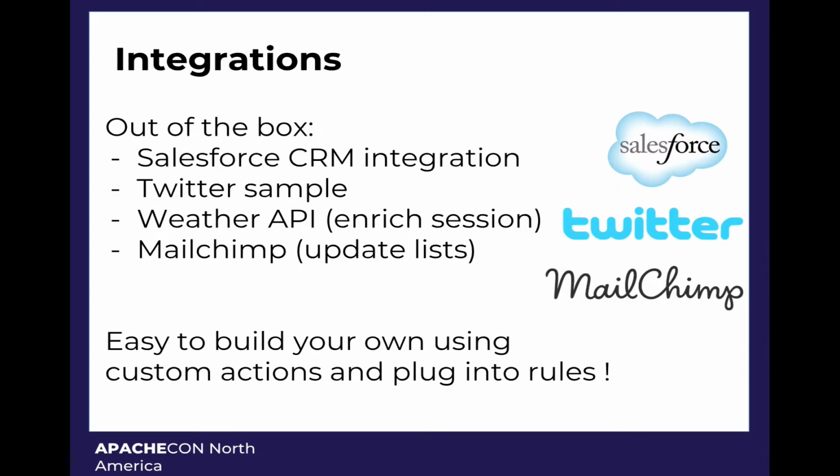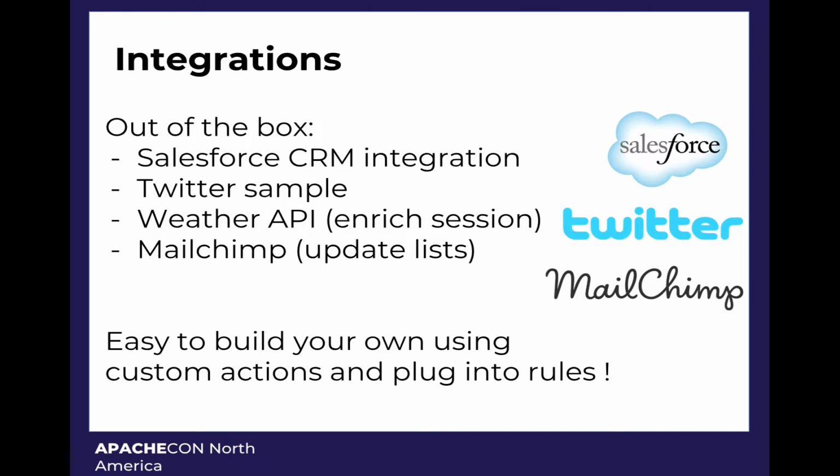So let's talk about the integration. Out of the box, inside the Unomi project, we have the Salesforce CRM integration that allows you to pull data from Salesforce or push it back. There's a Twitter sample, which is just an example of catching events when you're sending data to Twitter and using that in your profile.